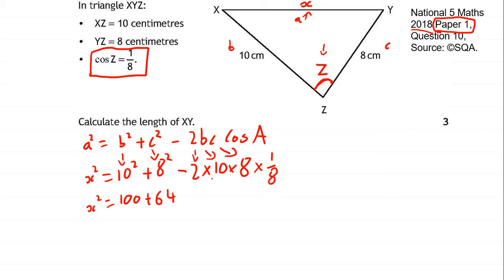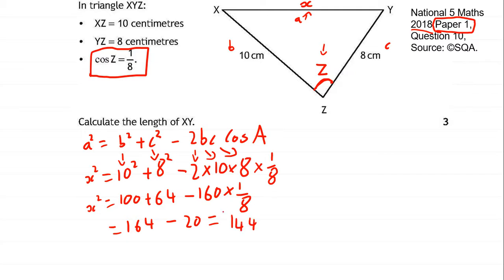We've got minus 2 times 10 times 8, so that's going to be 160. It's going to be minus 160 times an eighth. Okay. So again, we can just simplify this further and further. So this is going to be 164 minus 160 times an eighth is going to be 20. So that's going to equal 144.